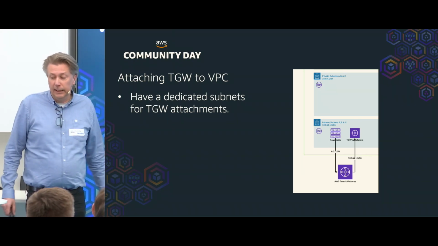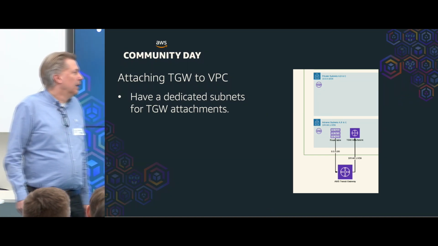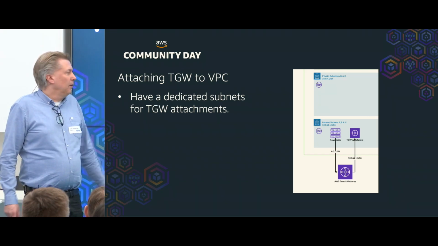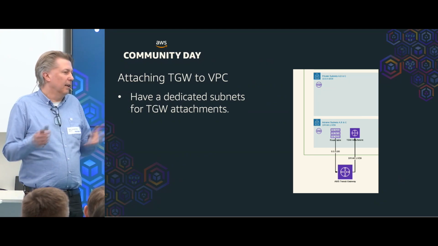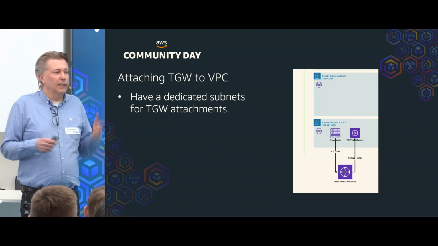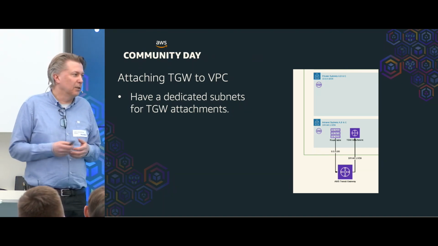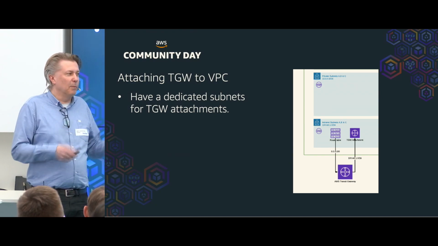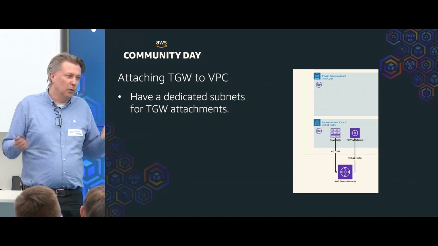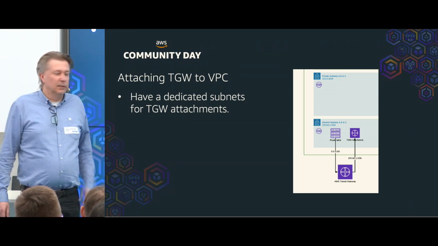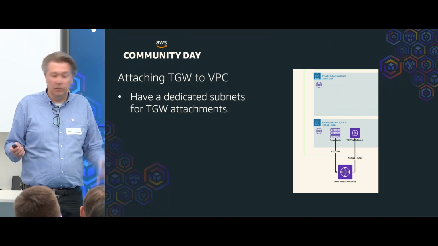At first it doesn't seem like making a big difference, but then you probably at some point realize that if you have an attachment and an instance in the same subnet, there's no subnet border, and certain things like network access control lists only apply at the subnet borders. So that will limit your ability to control what traffic goes where. So yeah, very good idea if you can have a small one. It doesn't have to be very big.